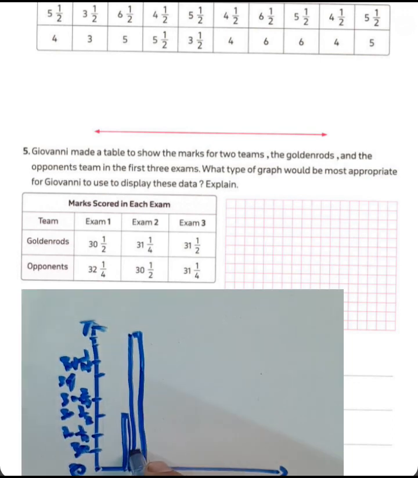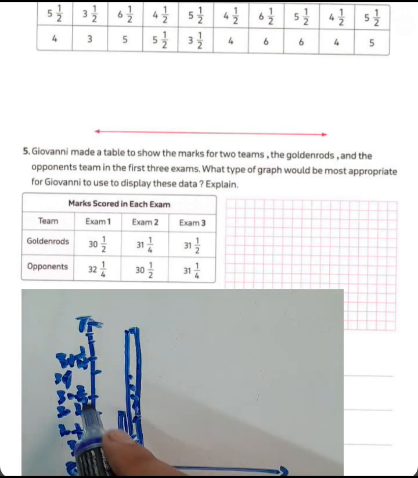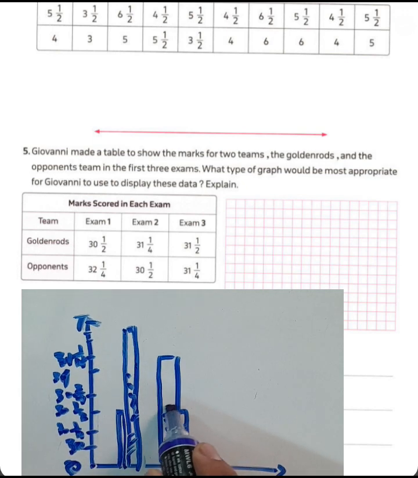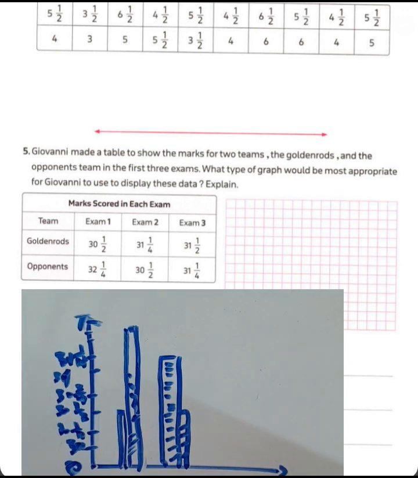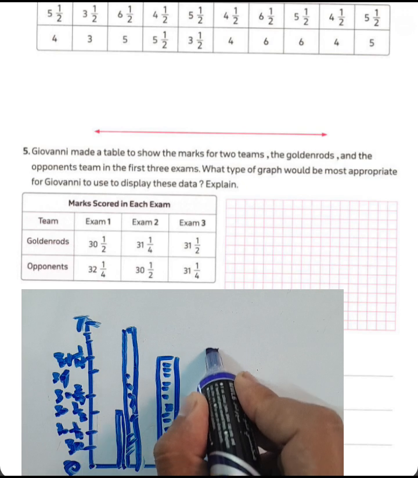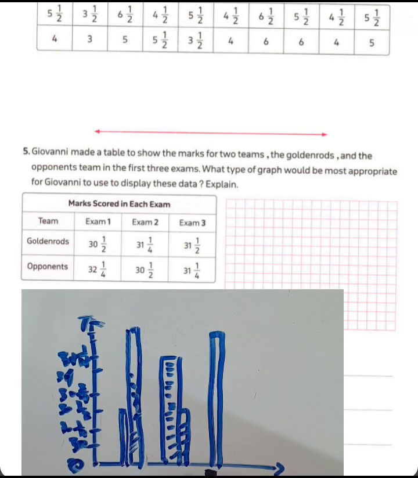You can complete first and second, 31 and fourths here, and 30 and half. Thirty-one and half, thirty-one and fourths.